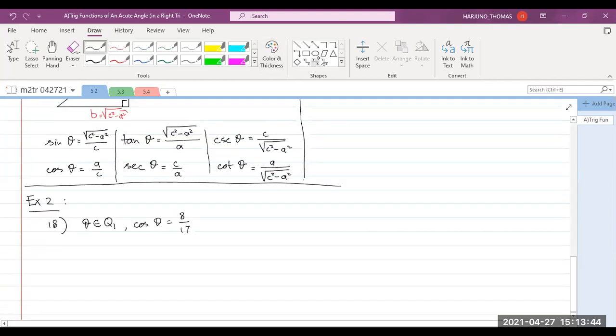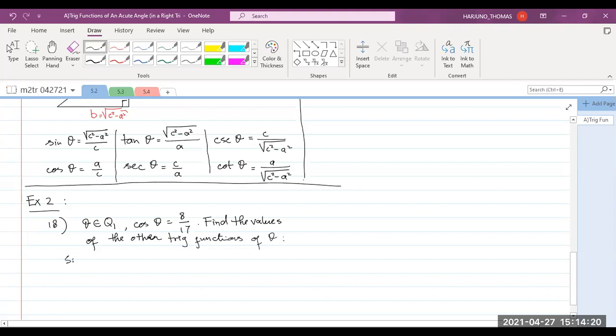Now then, find the exact values of the other trig functions of theta.